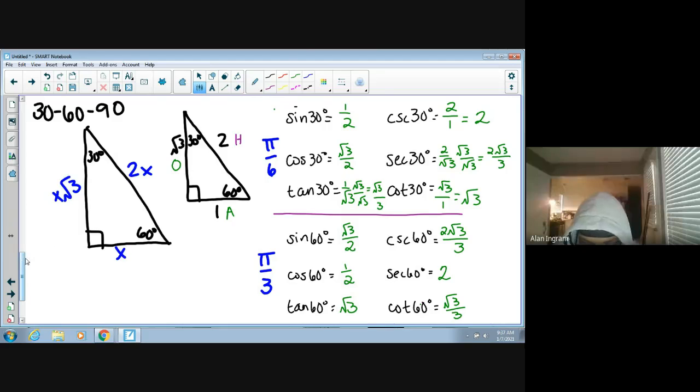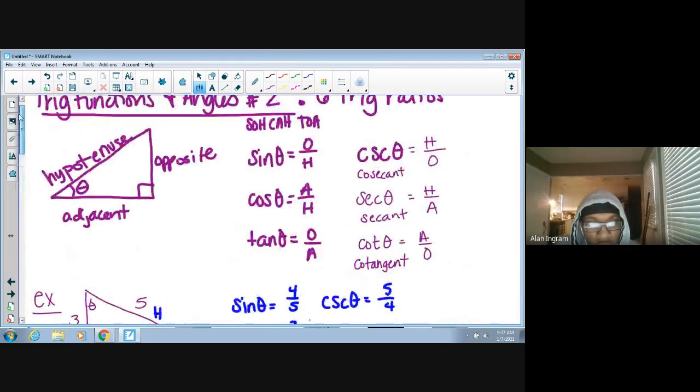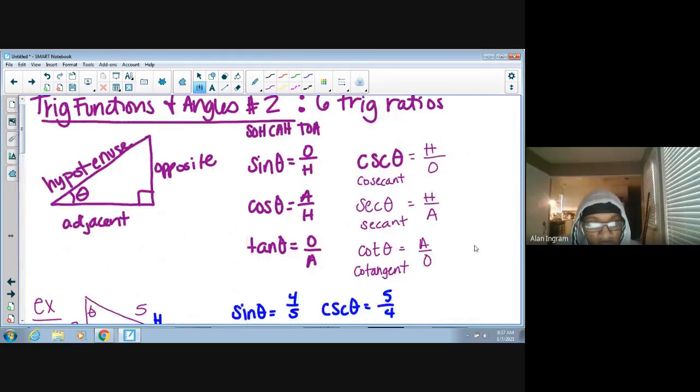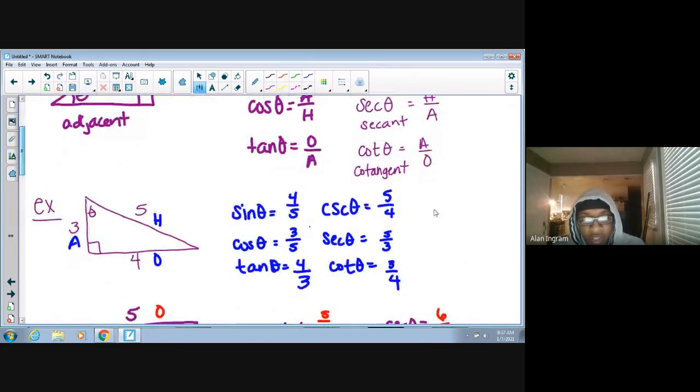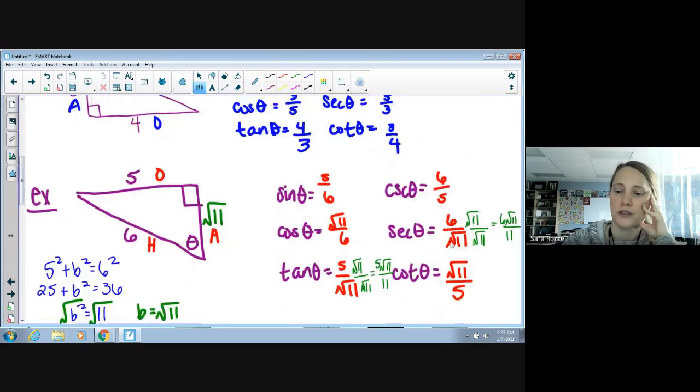Can you scroll back up to the top real quick to the right there? Down a little bit. I could have sworn that we had rationalized the top and the bottom when we did it. Oh, right, like here? Yeah. No, it was only when it was on the bottom. The ones on the top, we just kept them there.